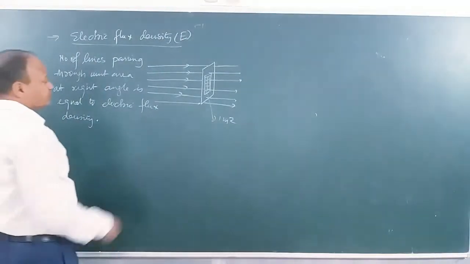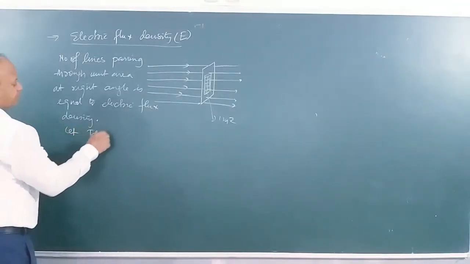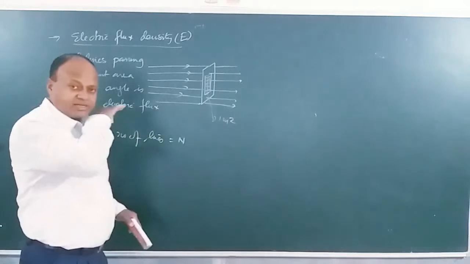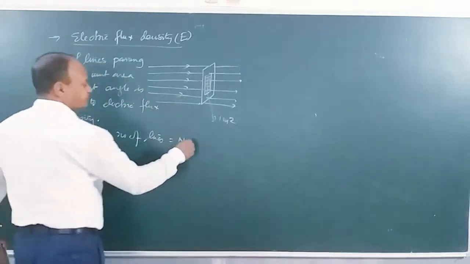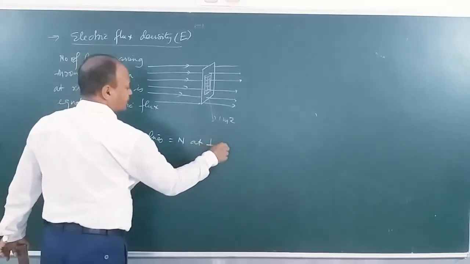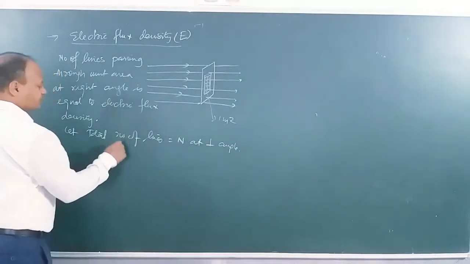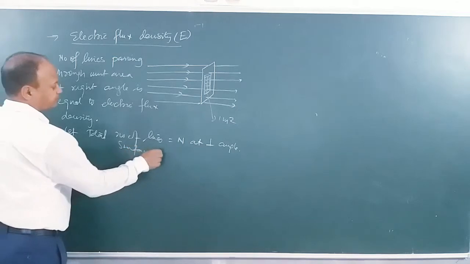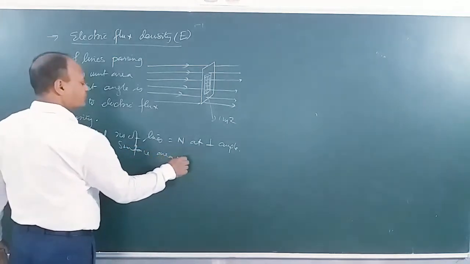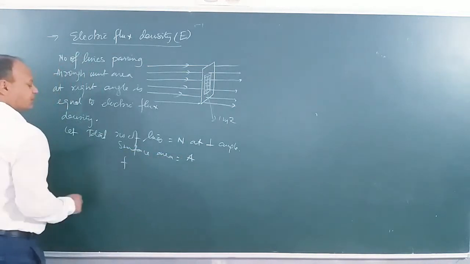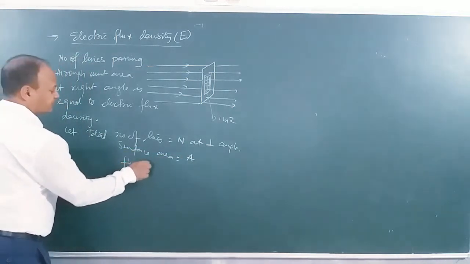Suppose total number of lines is n, passing at right angle, and surface area is A, then what will be the flux density?